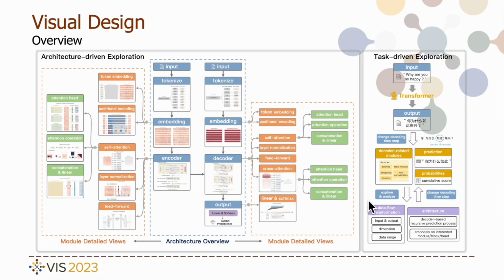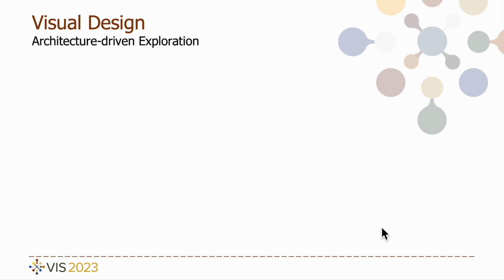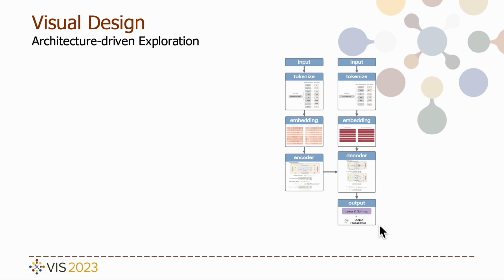At the same time, we propose two exploration modes to provide beginners with a pathway from abstract understanding to practical implementation. The overview of model structure and the hierarchical relationship between models become clear with architecture-driven exploration, and users can continually explore the inner layers and study the formula parameters through certain interactions.